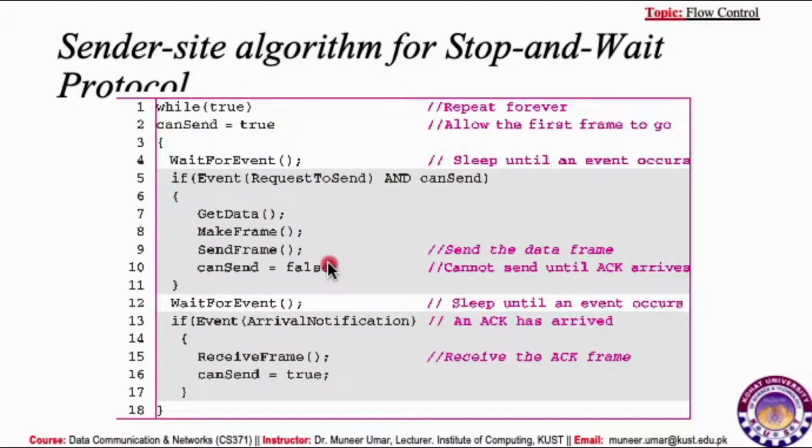At the end, canSend will be made false, so that it would wait for this function to make it true, and this function is bound with the arrival of the acknowledgement. So whenever the acknowledgement frame is received, canSend would be assigned true, and again the next frame would be transmitted.